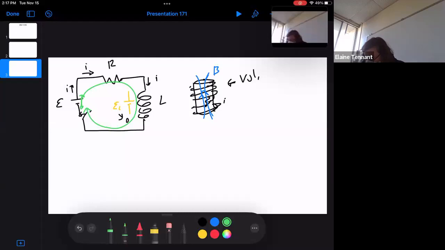So we're adding this voltage. So I'm adding my battery. I'm going with the current across the resistor. Am I going to add or subtract that voltage? You subtract that voltage. And then, as you go across the inductor, you're subtracting that voltage as well. And then you're back to where you started, so that all needs to add up to 0.